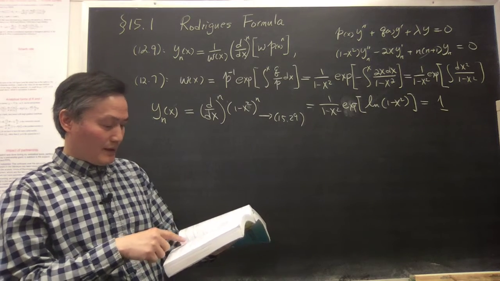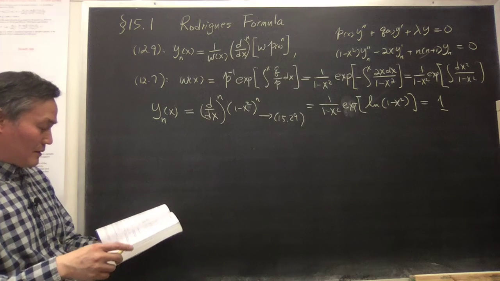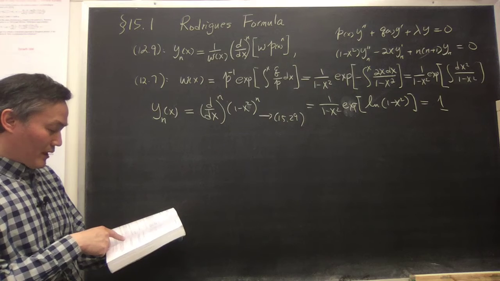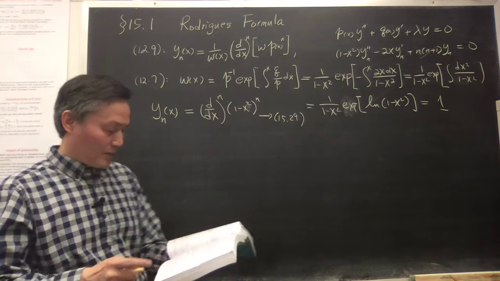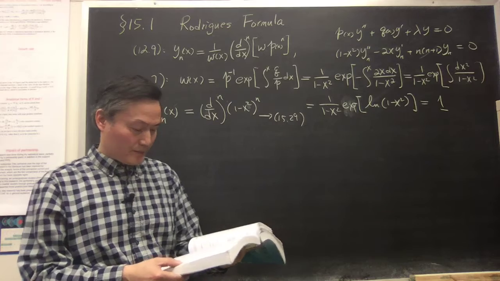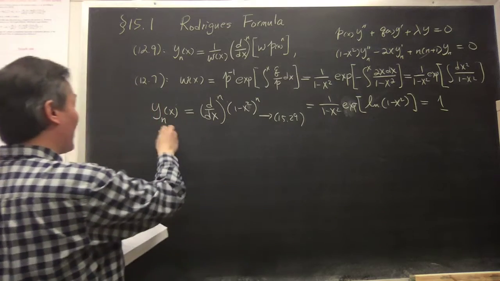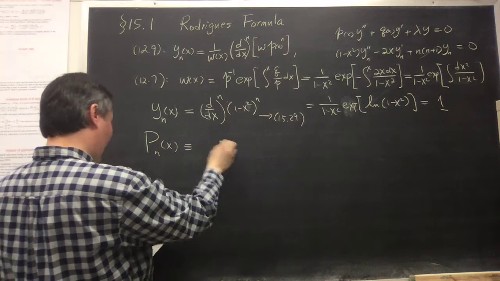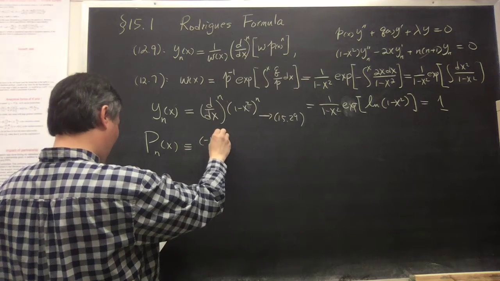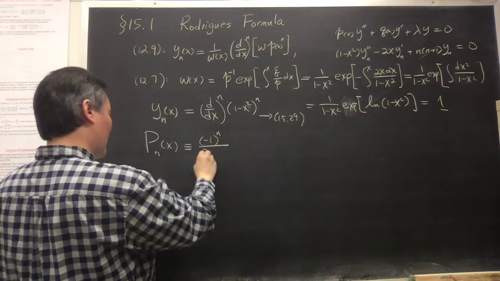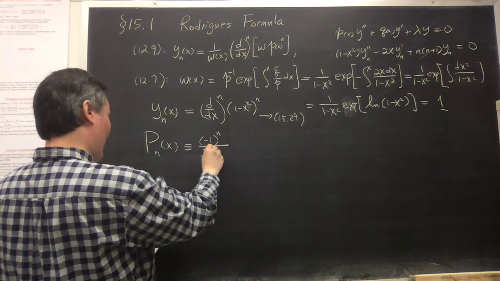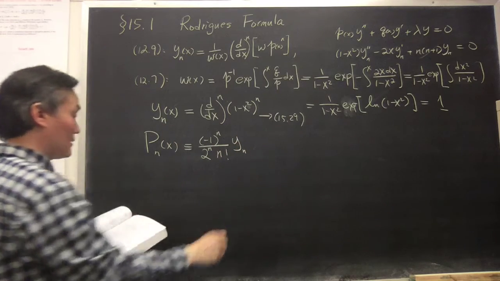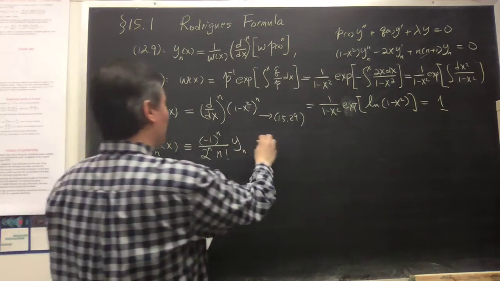So the value is minus 1 to the n power divided by 2 to the power n and n factorial. So Pn x is defined as this factor, minus 1 to the n power divided by 2 to the power n n factorial, multiplied by this yn.